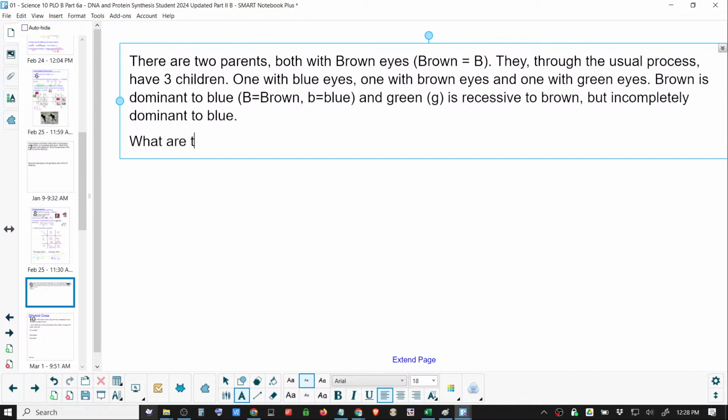What are the genotypes of this family? Use as many Punnett squares as it takes you.